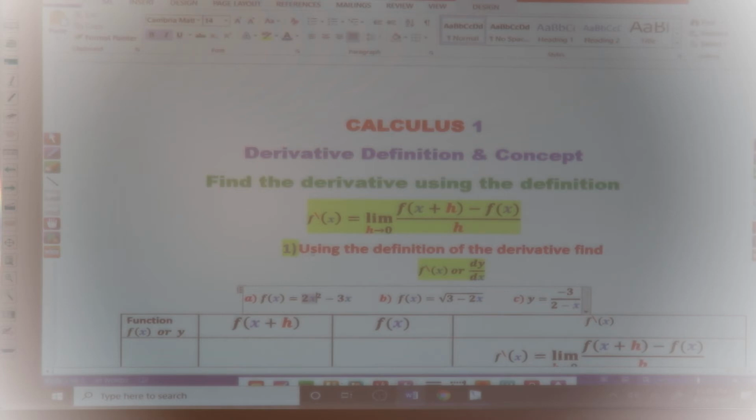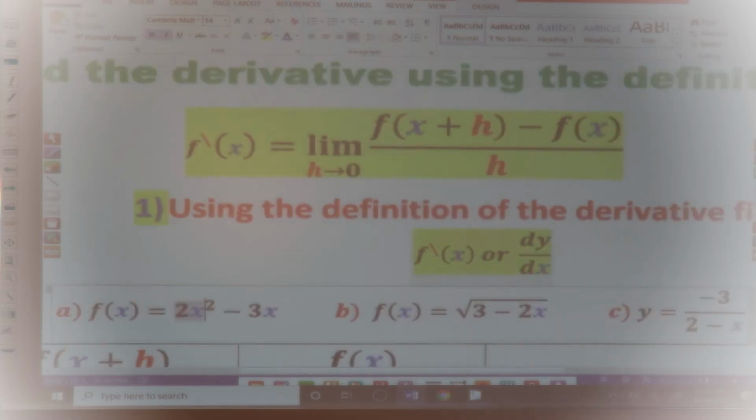Now, using the definition of the derivative to find f prime of x, we have another name for f prime of x. Sometimes they will ask you for f prime of x, dy by dx, the same exact thing.